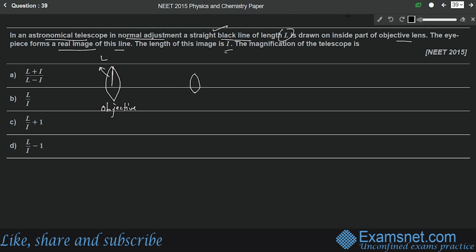The eyepiece forms a real image. So the image that will be formed will be real and inverted. And the length of this image is I. So we can say that the height of the object is L. What is the object here? The line that is drawn on inside part of the objective lens. That line will act as the object.